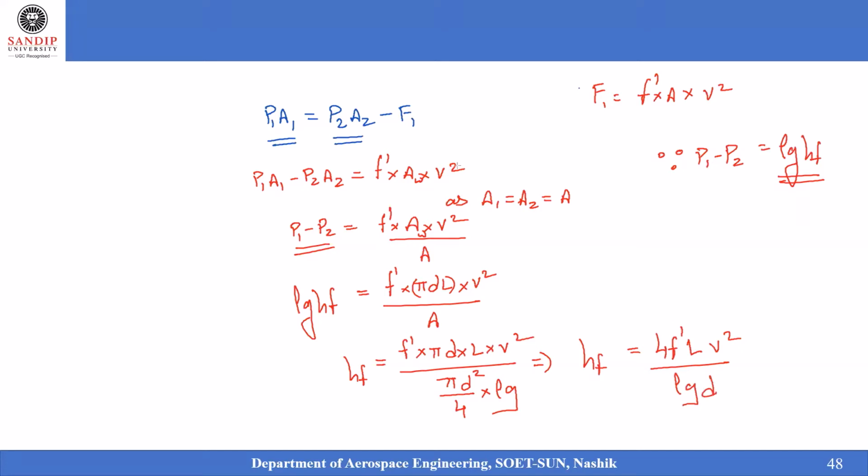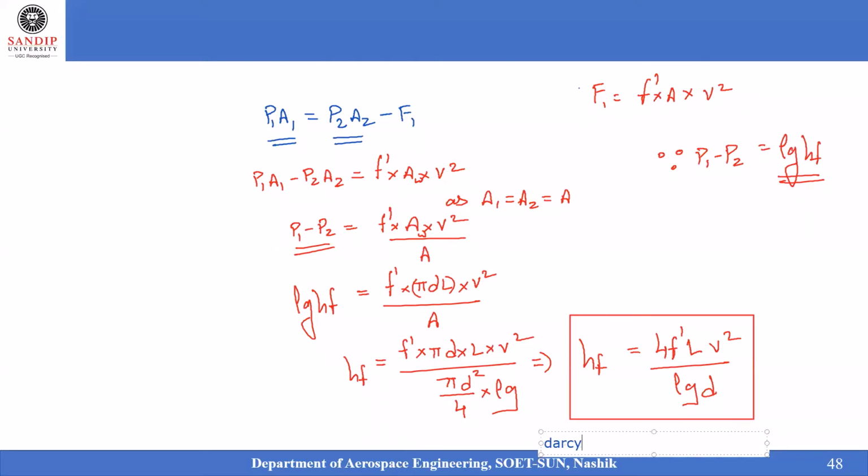So from this expression, I have obtained my head loss due to the friction, addressing the terms of the force resulting in that particular pipe, and this equation is known as the Darcy's Weisbach equation.